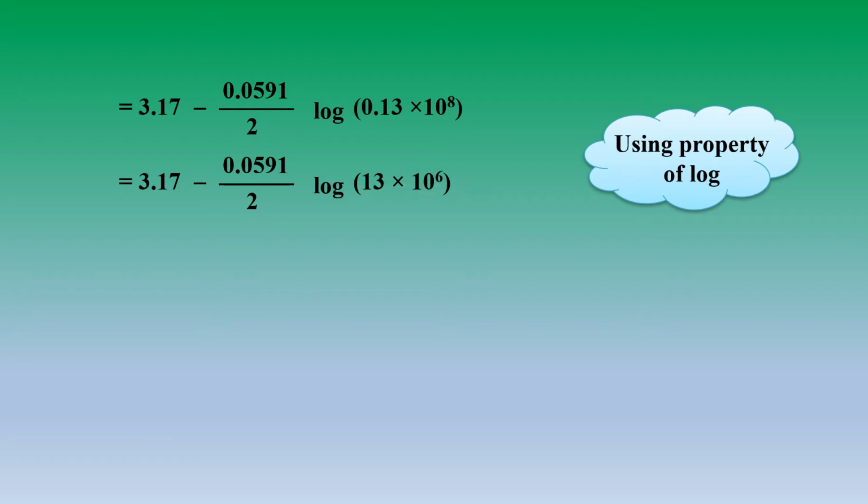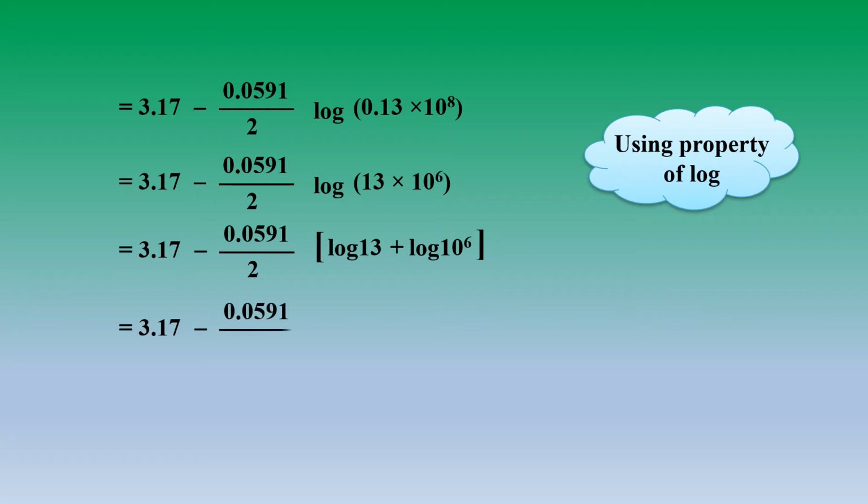Now we can use the logarithmic property. We can write 3.17 minus 0.0591 divided by 2 log of, using the log property, log 13 plus log 10 to the power 6, because log of AB is equal to log A plus log B. So further simplification: 3.17 minus 0.0591 divided by 2, the log 13 value is 1.1139 and log 10 to the power 6 is 6.